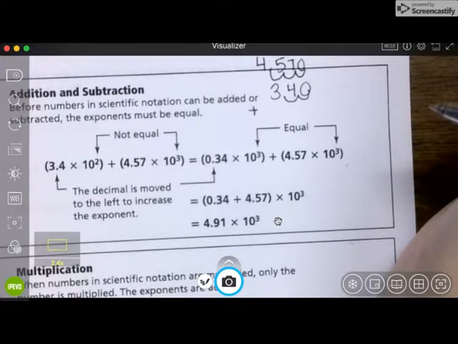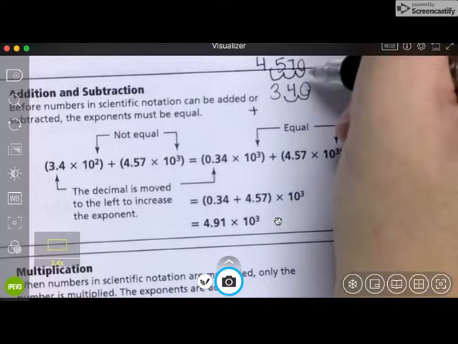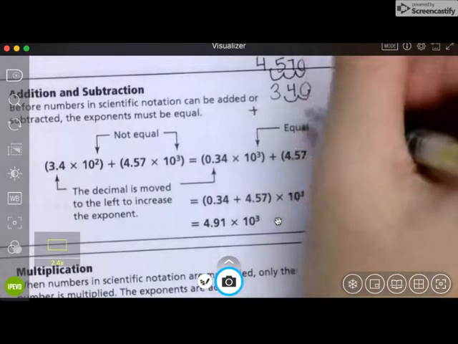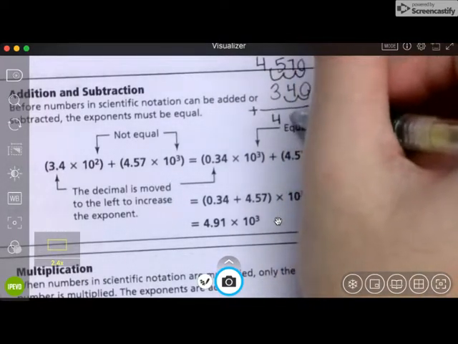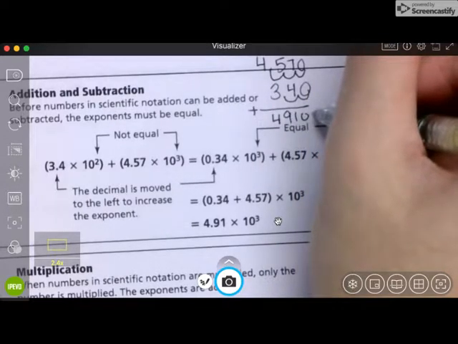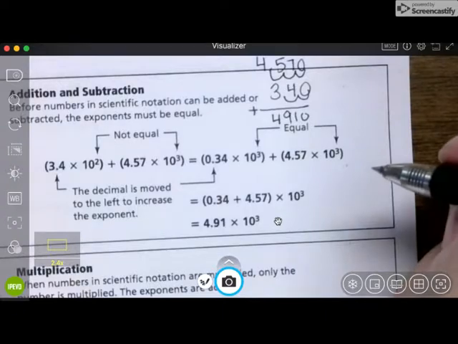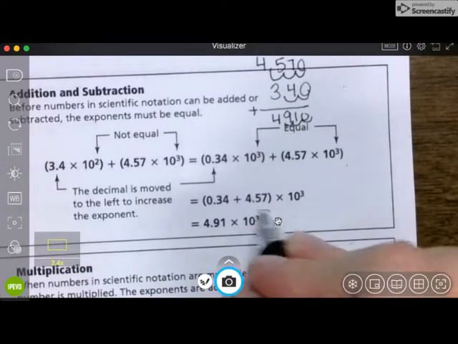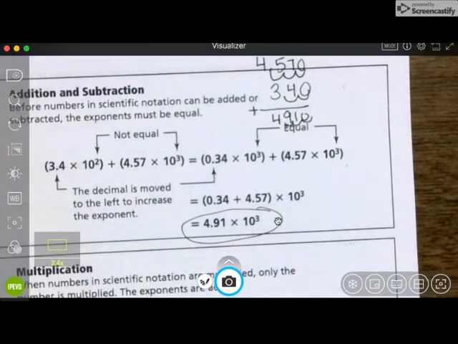Just add the numbers. Add 4,570 plus 340. You would still get 491, and then we would have a 0 at the end. And then we can change this back to scientific notation so that it matches this.